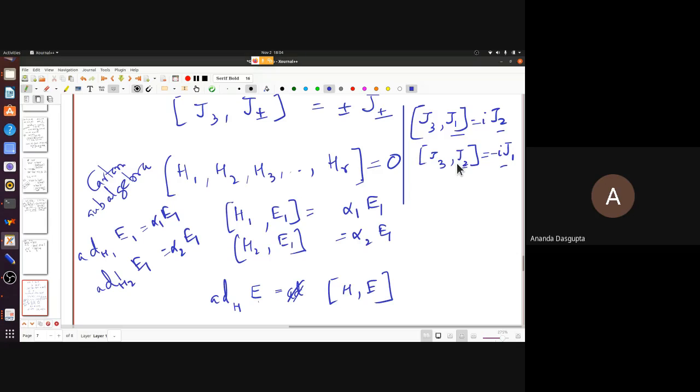But then you realize that if you multiply this by i and add it to it, you'll get [J3, J1 plus iJ2] will be plus (J1 plus iJ2), which is an eigenvalue equation in the sense which I just stated. So basically, what you have is simultaneous diagonalization of these commutation rules. And that's what gives you the roots and weights, which you must have studied if you're asking this question.